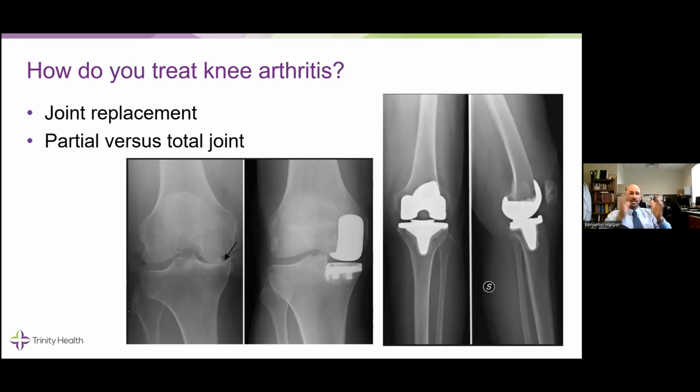There are pros and cons to each approach, partial knee or total knee. The partial knees tend to have a little bit faster recovery, and they tend to feel a little bit more natural to a patient long term. But you only replace one part of the joint, leaving the other parts of the joint subject to potentially wearing out down the road.